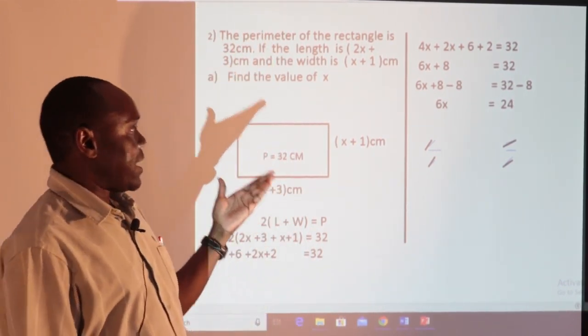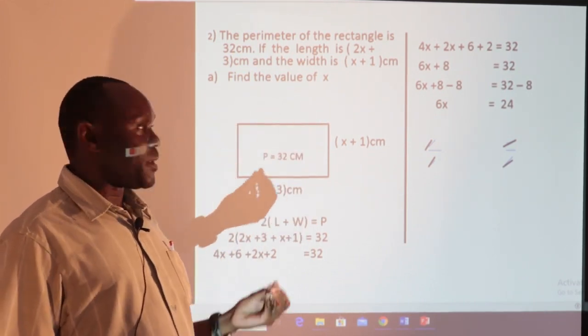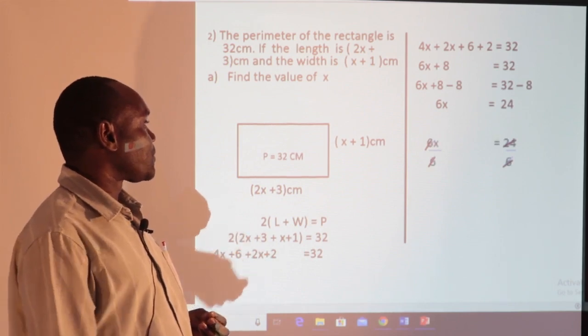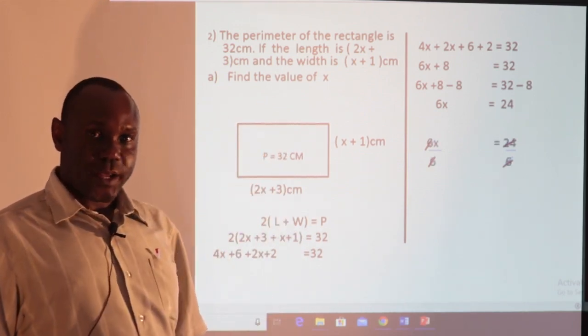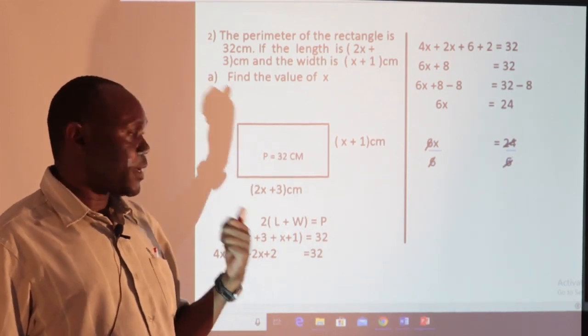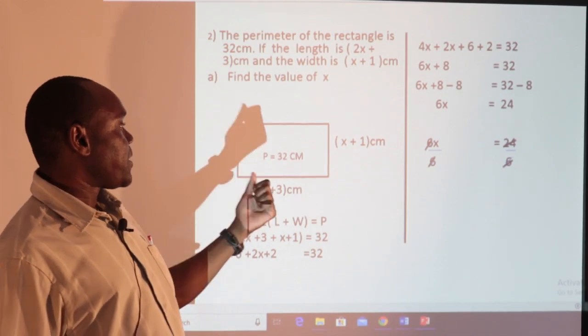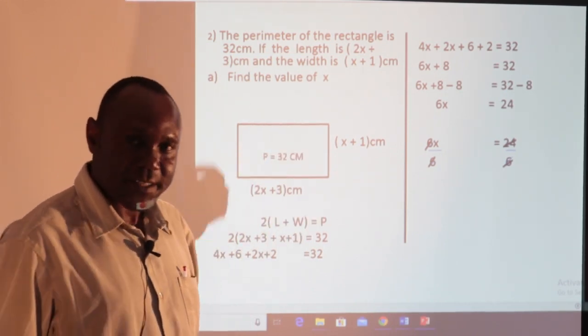So, there we are. That is the equation of its own, so we need to rewrite it: 6x equals 24. So we divide both sides by the coefficient of x, which is 6.